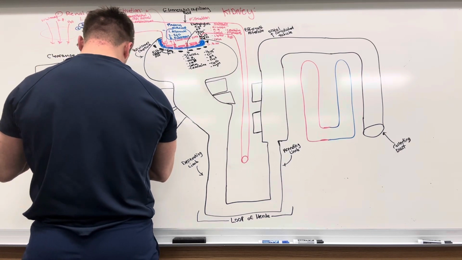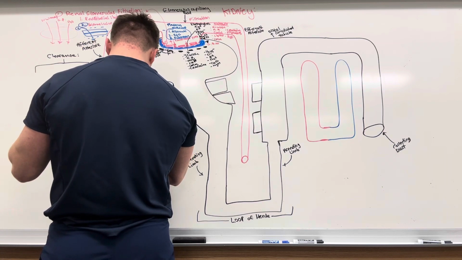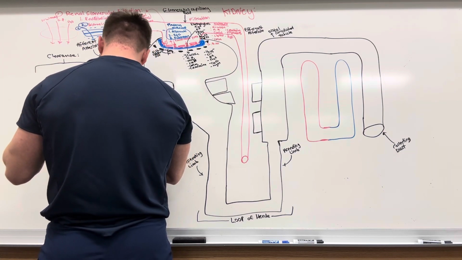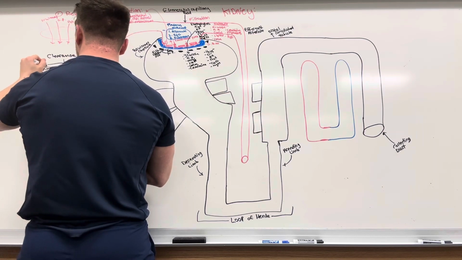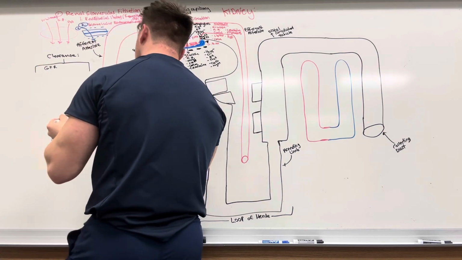So the formula for clearance is the volume of plasma being cleared of a substance X per minute. Something we use is creatinine. So something we're trying to calculate is GFR, and that's glomerular filtration rate.